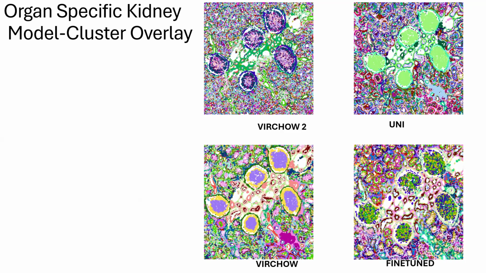You can't see other things inside. But in the fine-tuned one, you can see so many things inside the glomeruli. This kind of approach will give better visualization to physicians. That is why healthcare needs organ-specific models.